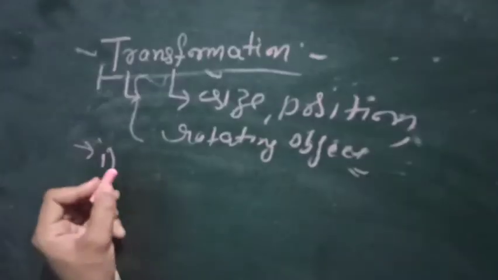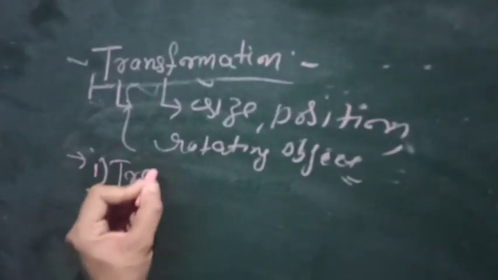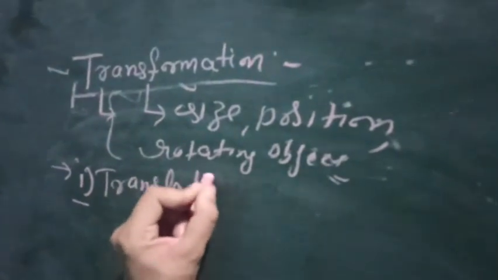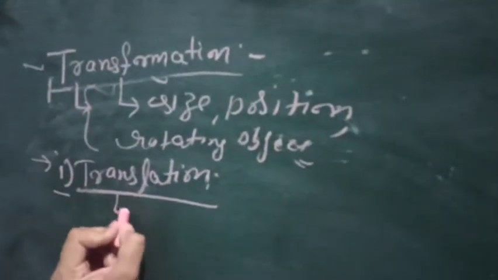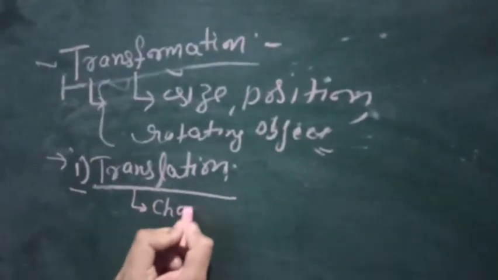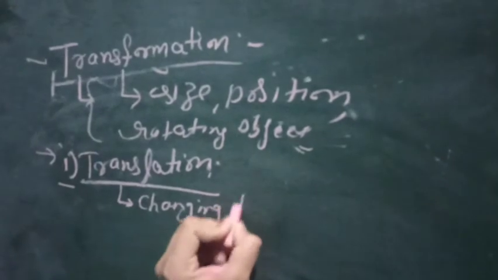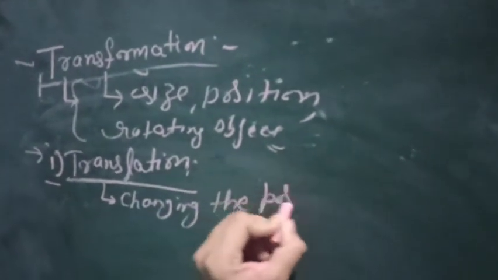The first type of transformation is translation. Translation is changing the position of the object.